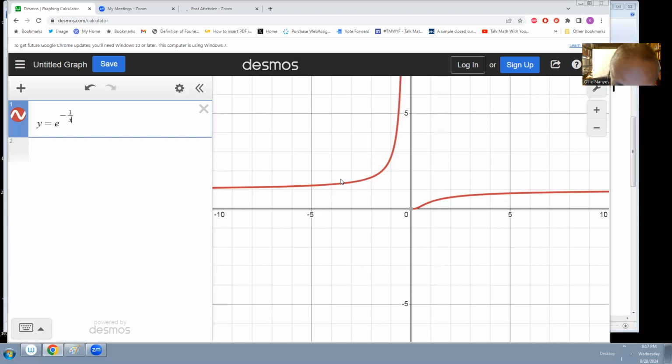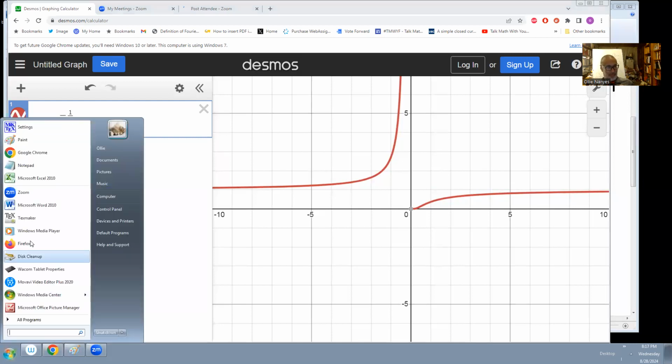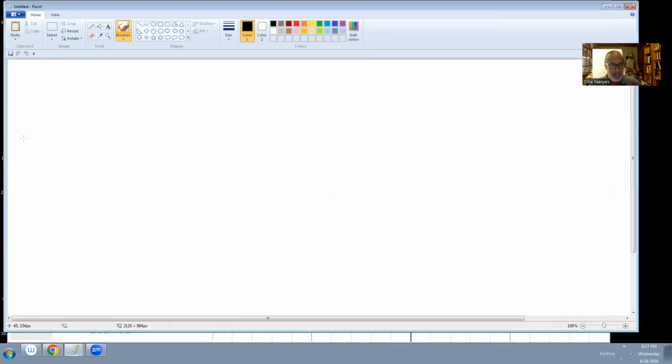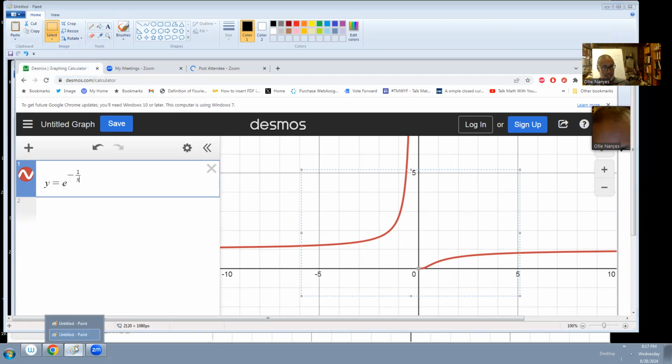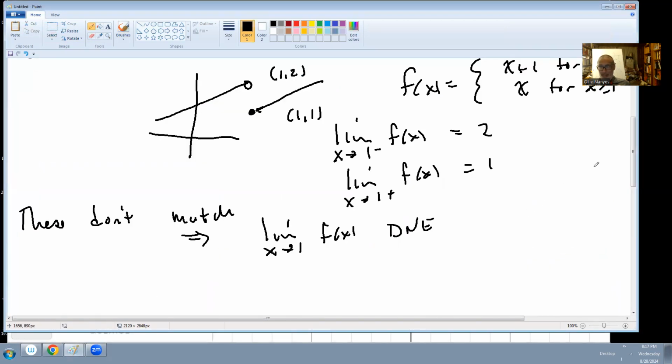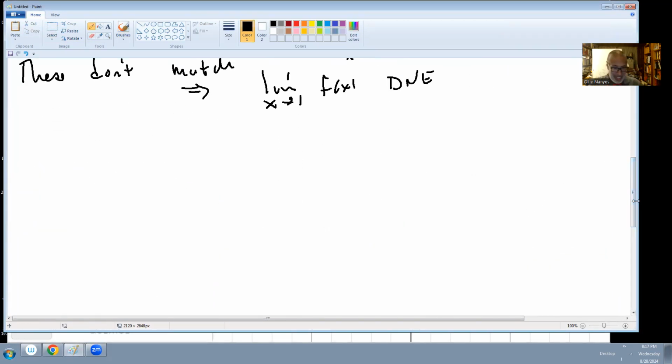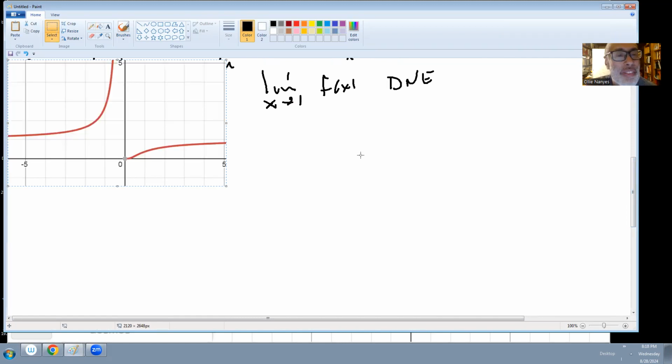In fact, let's just take a picture of this so I can draw on it. And this is a lovely little function. So copy there, and then let's just paste it in our other one.